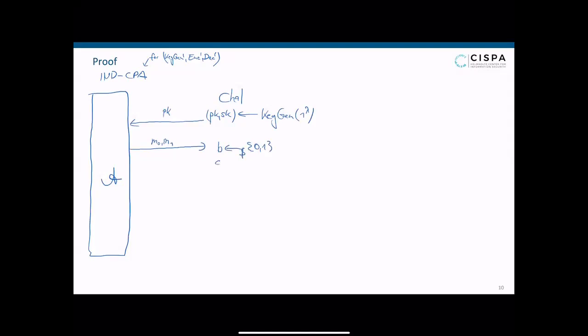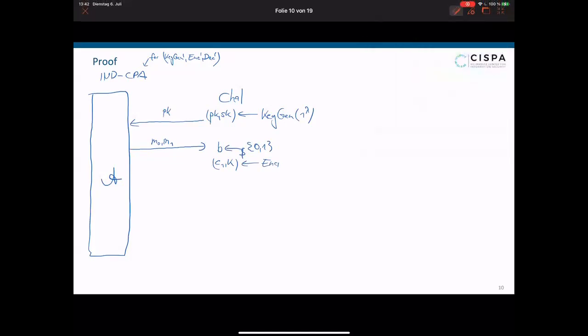Well, first we encapsulate such a key K by running the Encaps algorithm, Encaps(PK). Next, we compute our C2 as Enc, using the private key encryption scheme, using now this key K of the message MB.